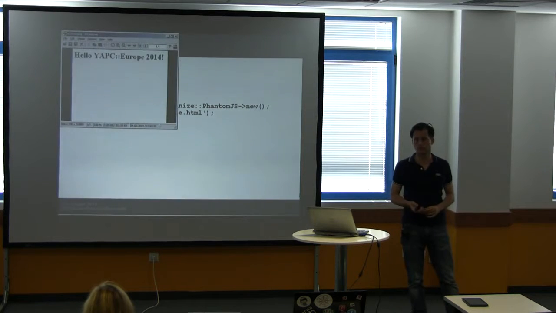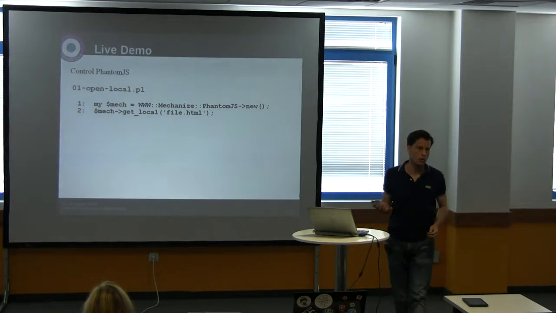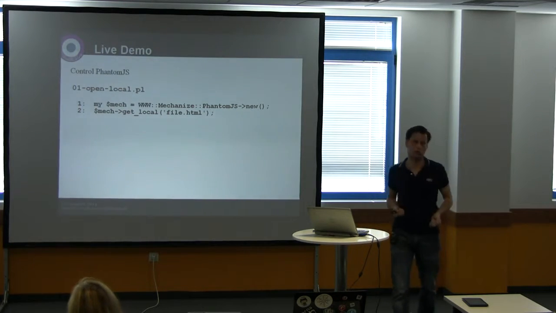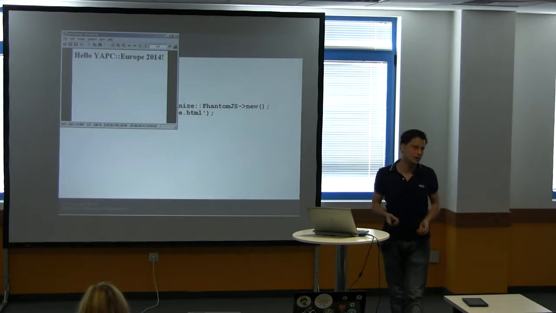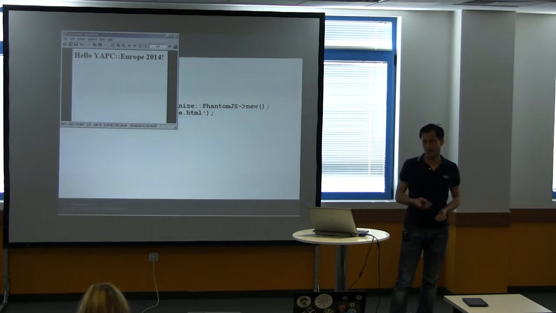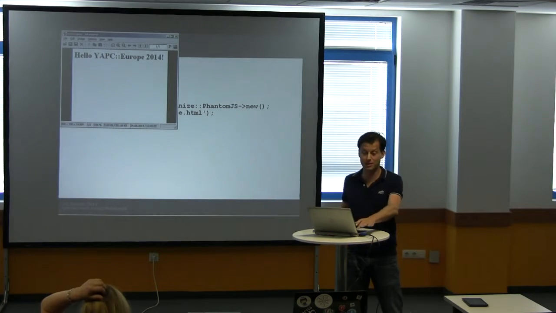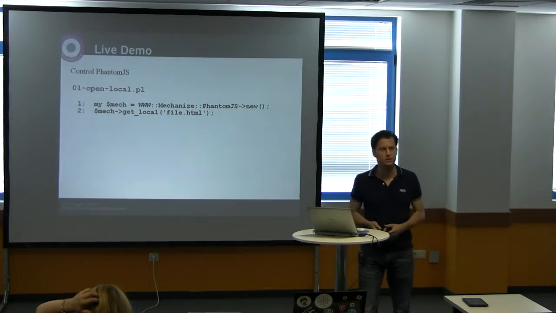It creates a new Mechanize object and then loads a local HTML file. The part I've not shown is that the page then gets saved as an image, and that image gets shown. We see that debugging pages with PhantomJS is a bit tedious because you always have to look at a generated image.